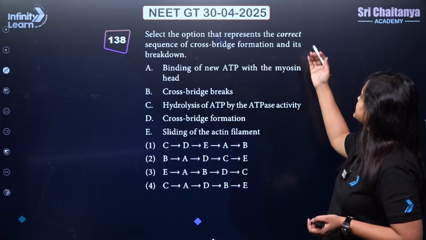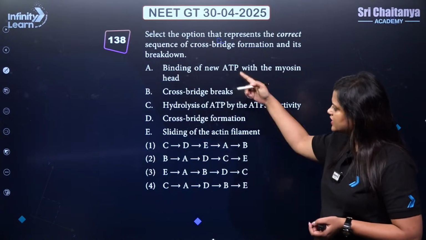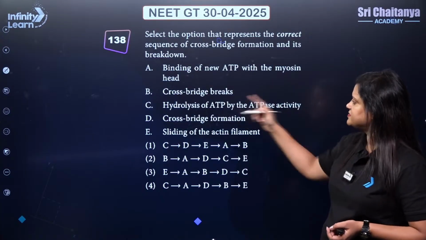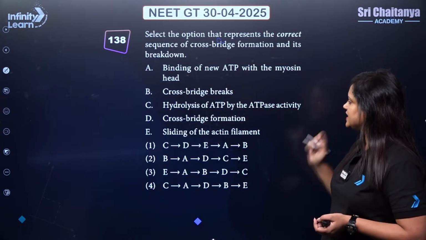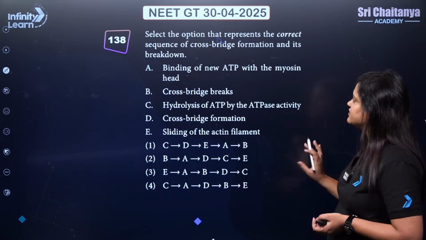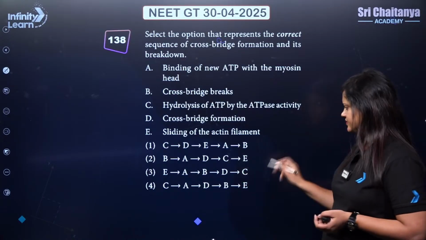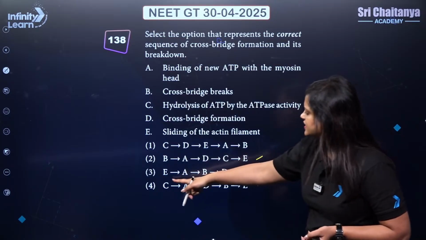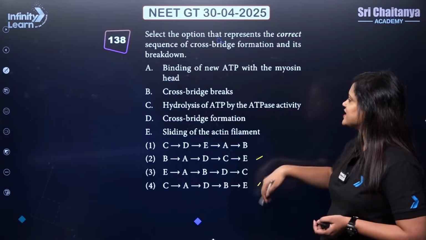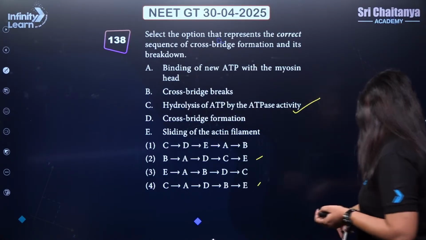Next. Select the option that represents the correct sequence of cross-bridge formation and its breakdown. If you read all the statements, you will see that there is binding of new ATP, cross-bridge break, hydrolysis of ATP by the ATPase activity, cross-bridge formation and sliding of the actin filament. So I think at the end there should be sliding of the actin filament, E. In the beginning we have 2 options, B and C. Cross-bridge breaks or hydrolysis of ATP by the ATPase activity.